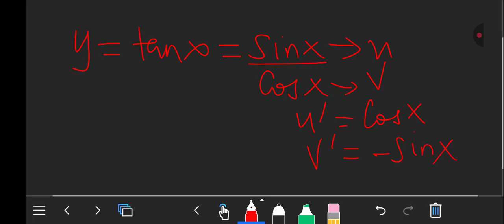Then we substitute in the formula, dy over dx is equal to v u prime minus u v prime over v squared.